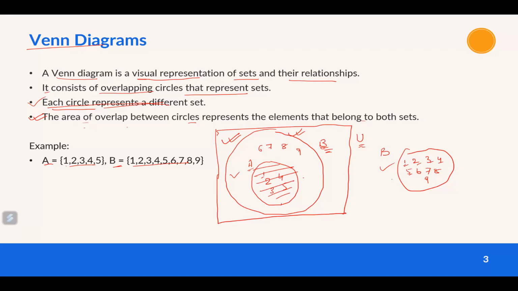The area of overlap between the circles represents the elements that belong to both the sets. You can see that 1, 2, 3, 4, 5 belong to set A and belong to set B. That's why this overlap between both the circles has the elements which belong to both the sets. We will understand this Venn diagram in more detail in our next slide.